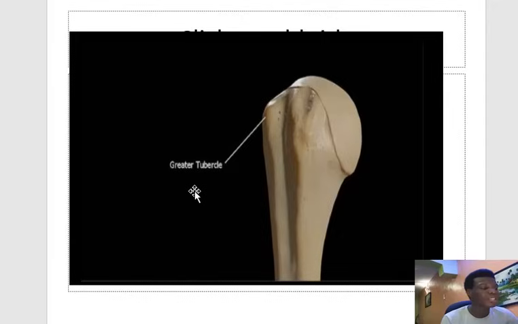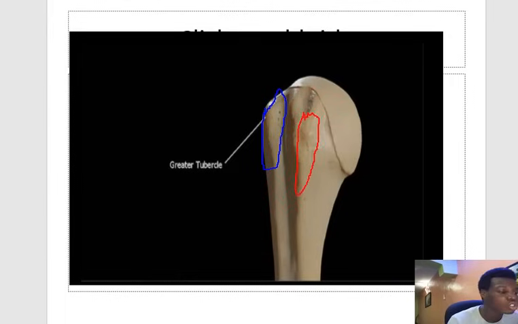So now let's talk about the tubercles at the proximal part of the humerus. Of course, we have the greater tubercle, which is the larger and lateral one, and then we have the lesser tubercle, which is the medial and smaller one. A number of muscles insert on them.